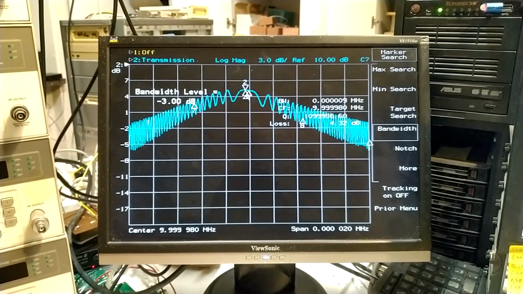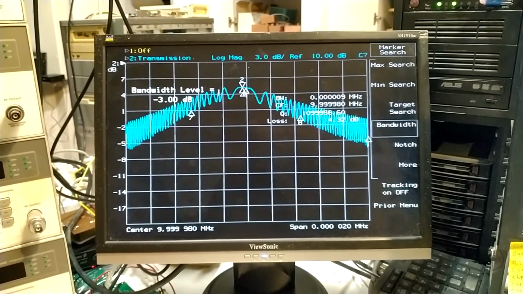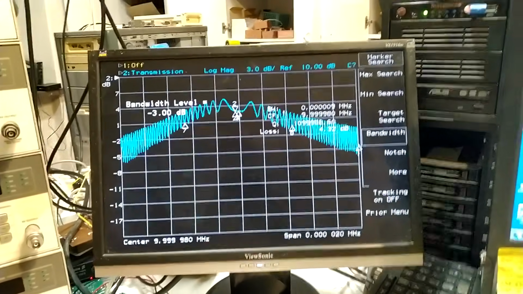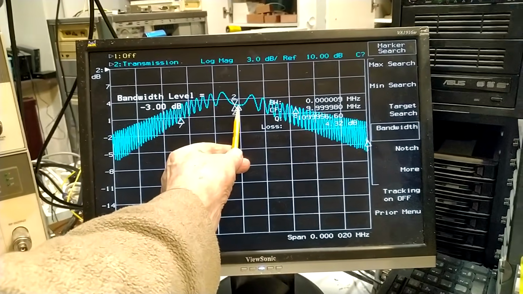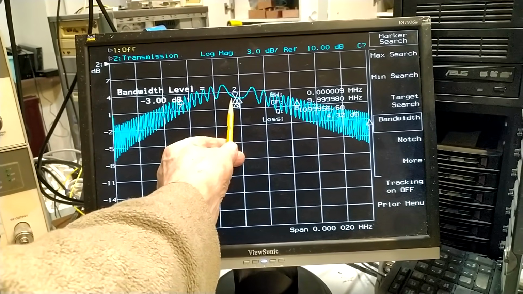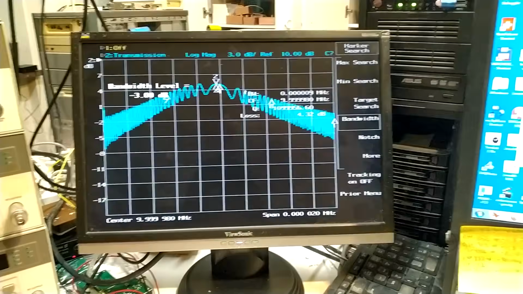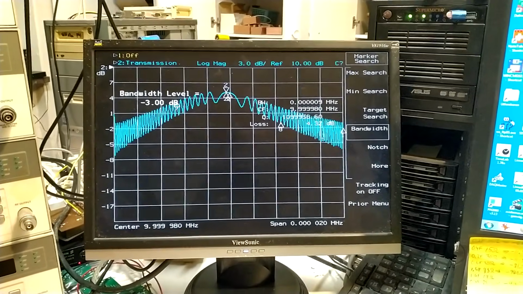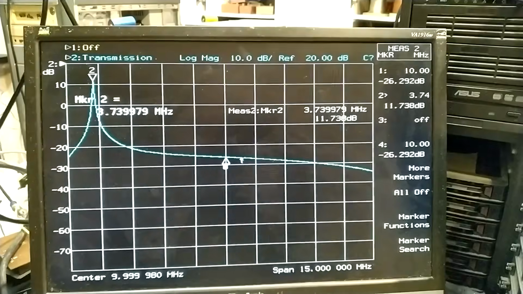And as you can see, the frequency error is far below 1 Hz. The correct frequency is here, and the maximum is, well, maybe here. And I will need a capacitance diode and some other stuff to lock it to the rubidium, so I don't have any reason to do this more accurately.